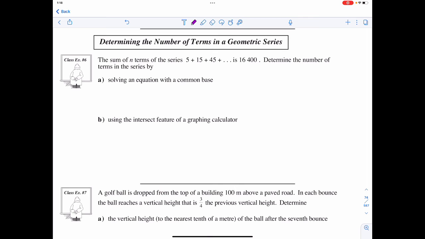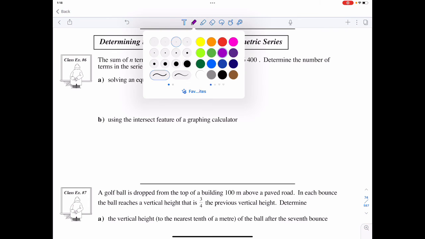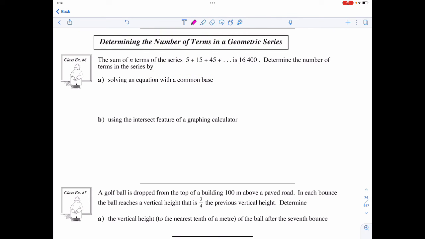I can determine the number of terms in a geometric series by stating, if I want to solve an equation with a common base, then I'm going to say that my first term value is 5, my common ratio is 15 divided by 5 or 3, my Sn is equal to 16,400, or the sum of all those.